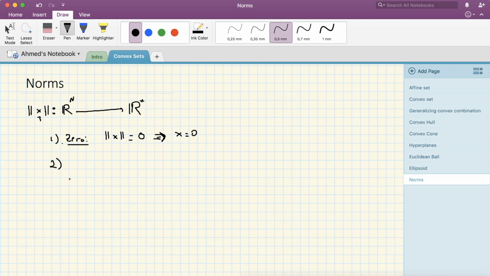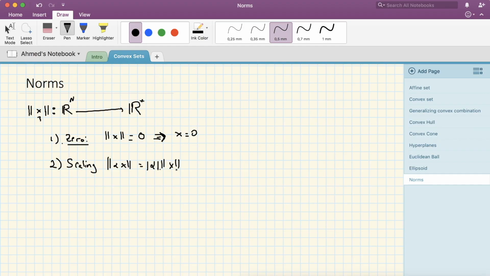And property number 2 is the scaling property. So if you scale any norm, alpha x, where alpha is a number and x is always a vector, this is equal to alpha extracted or factored outside. But it is factored outside as an absolute value because your norm always returns a positive number. So since the norm is positive, let's say you set alpha as -2.